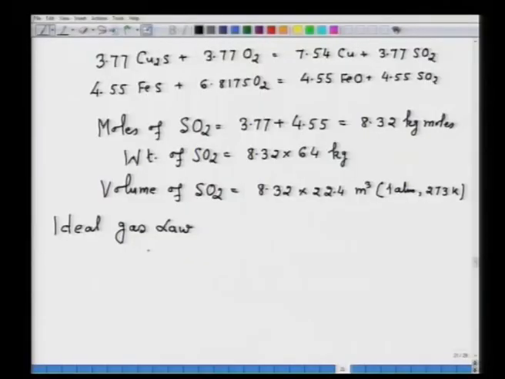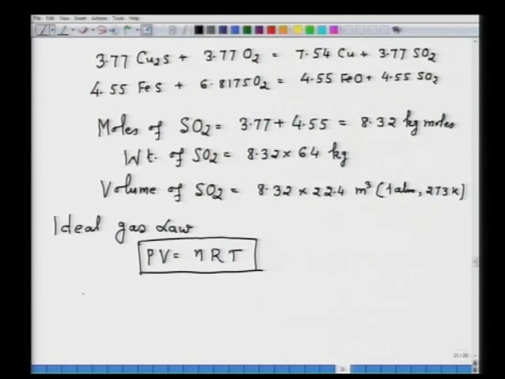So, the gases follow the ideal gas behavior, that is PV equal to nRT. All of you know, not a very big thing I have told you.